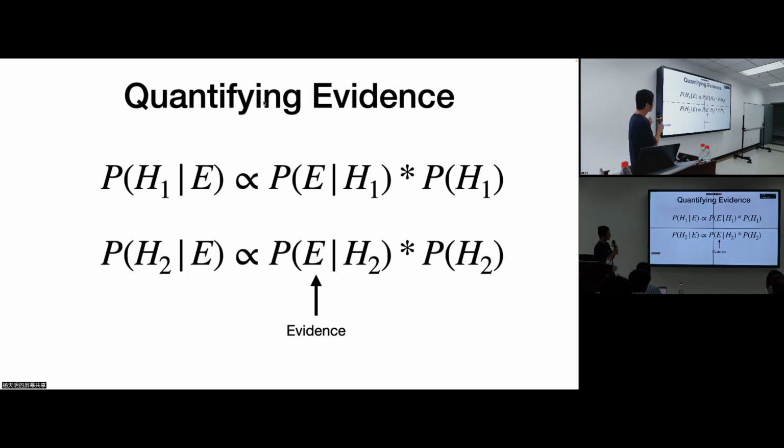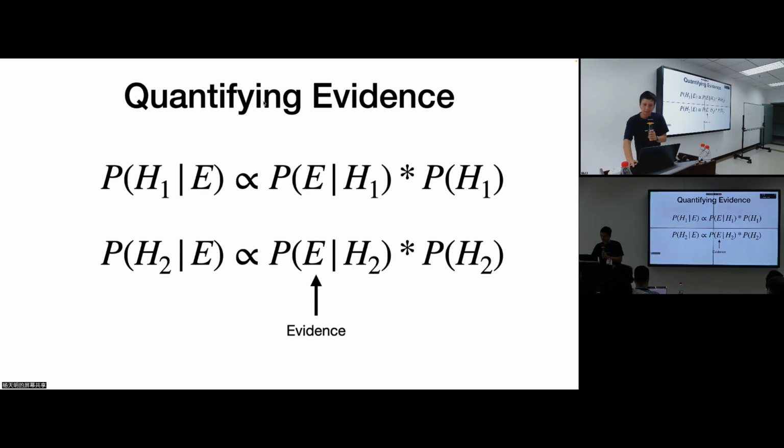And we can use the Bayesian rule to make the computation a little bit easier. So we can reverse this conditional probability this way. And what we want to do is just simply compare which probability is larger, right? If this is larger, then we say, given this piece of evidence, H1 is more likely to be true.